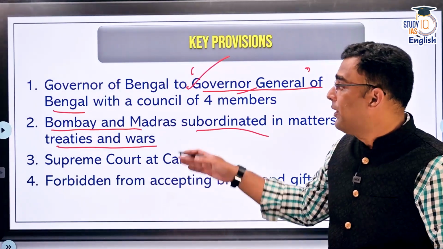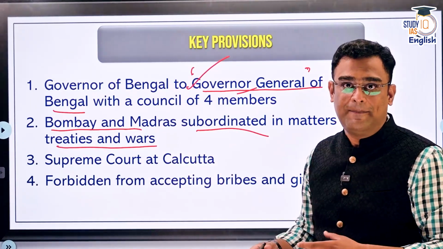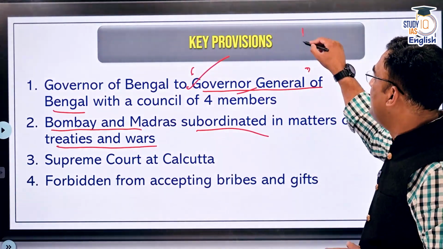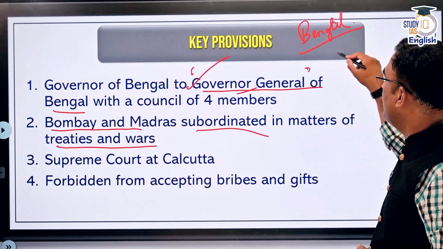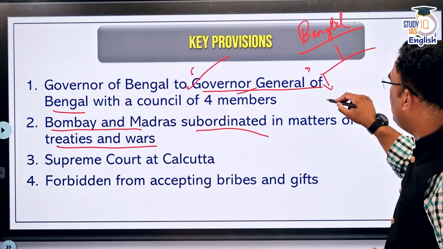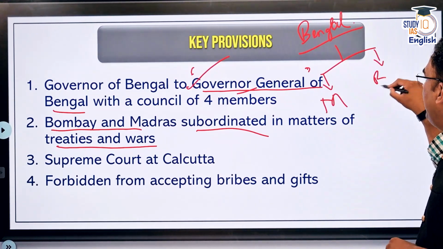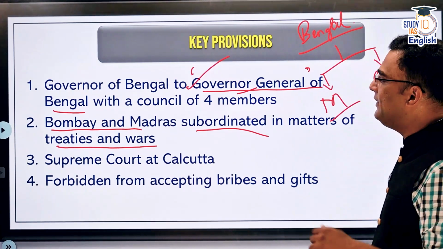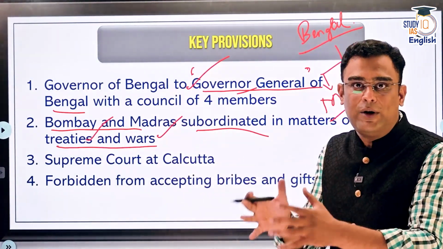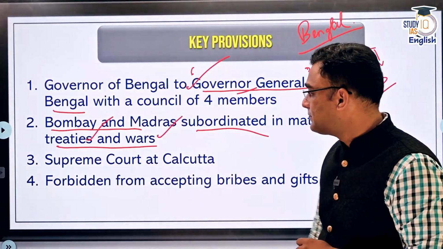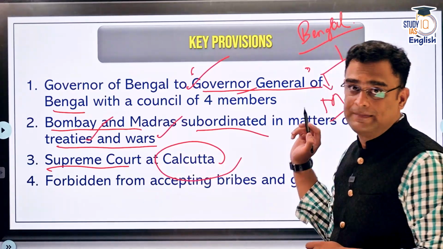That is why there was a need felt that we need to have some kind of a structure. And therefore, Bengal is made the paramount amongst these three presidencies. So Madras and Bombay have to be completely subordinated in treaties and war to Bengal so that there is coordination amongst these three.